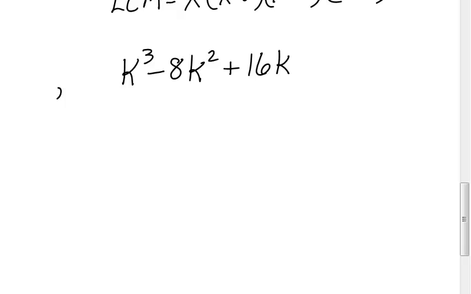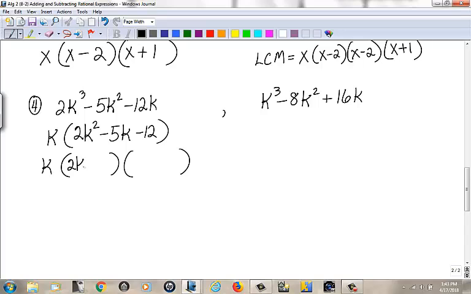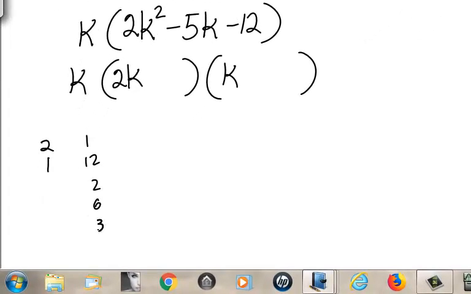On the first one, k in common, and we'd have what? 2k to the second minus 5k minus 12. Keep going. We need a 2k and a k, right? Now this is where we did that. Some of you did triple play, and I do 2 and 1, and all the factors of 12. I could do 1 and 12, 2 and 6, 3 and 4, and I need them to differ by 5.